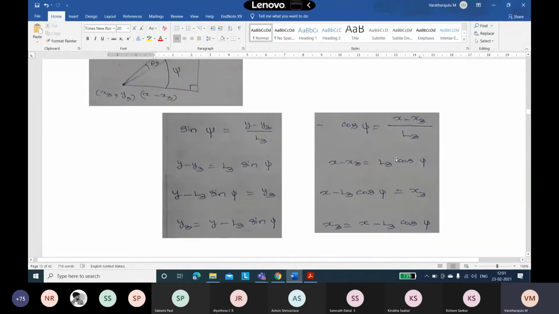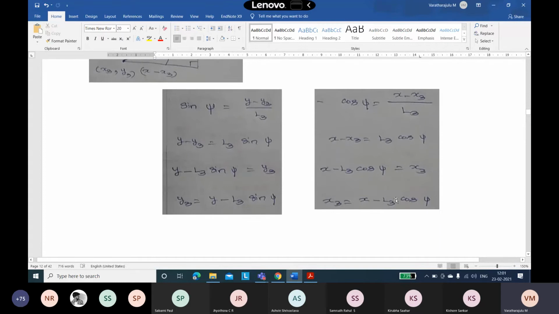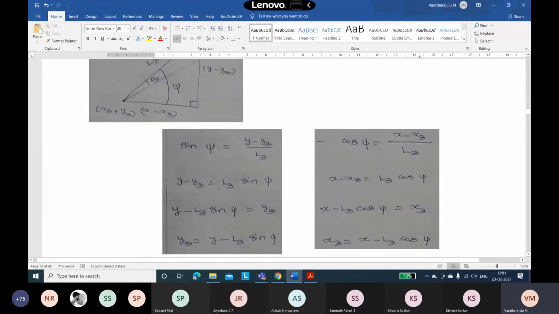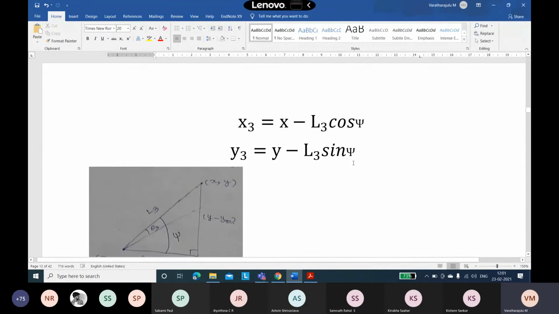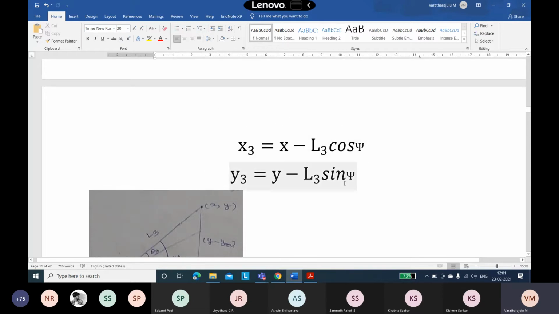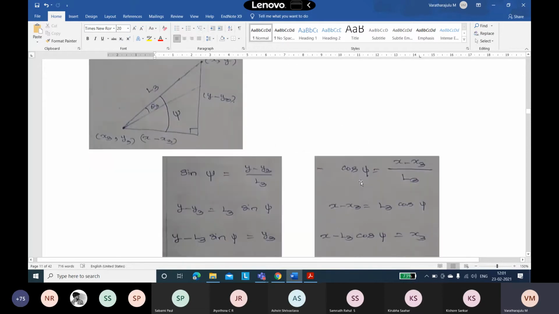Here x minus x3 is equal to L3 cos psi, so x3 is equal to x minus L3 cos psi. These are the new terms we need to add over the last derivation in order to get the newly introduced terms like psi and theta 3.